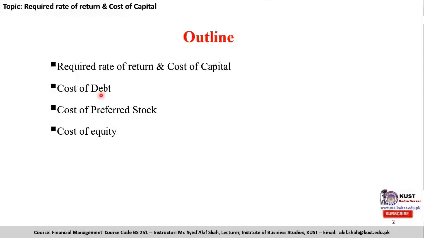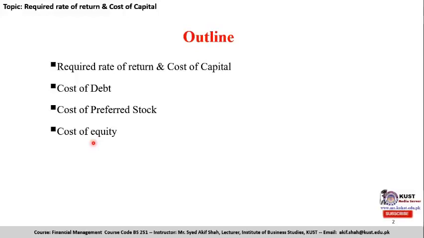As a second option, the company can issue its preferred stocks to accumulate the resources for the investment opportunity. And last but not the least, the company can also issue common stock, which is named equity, to the prospective shareholders to generate capital for investment opportunities.